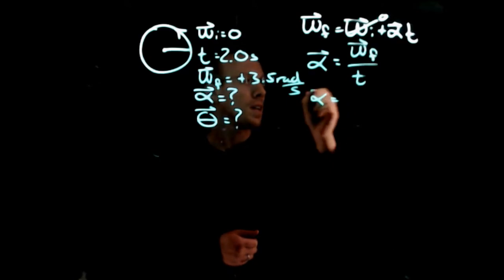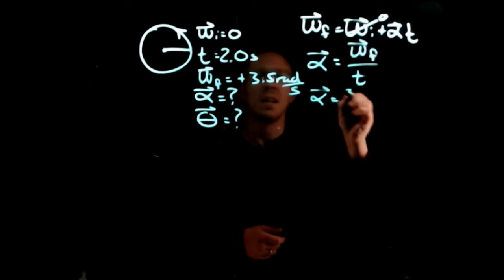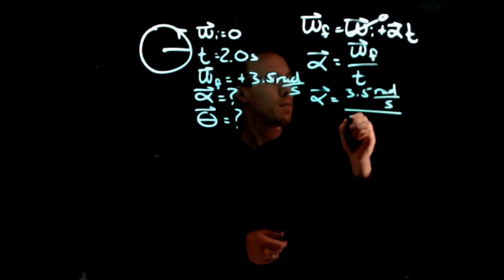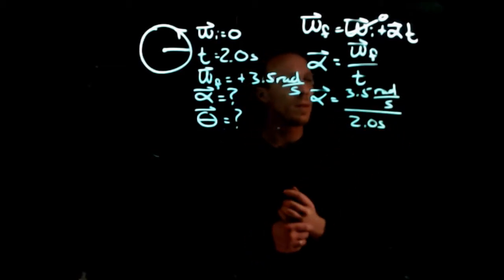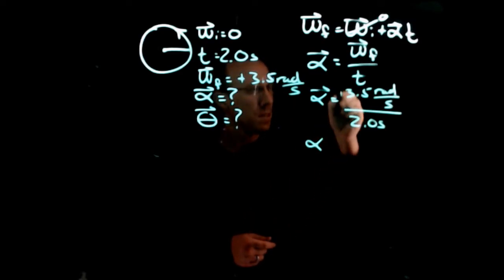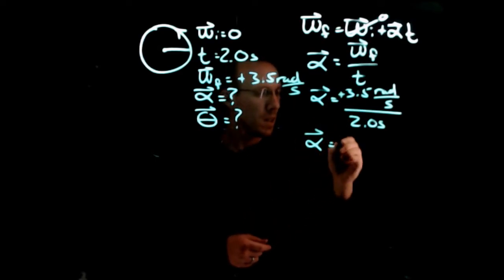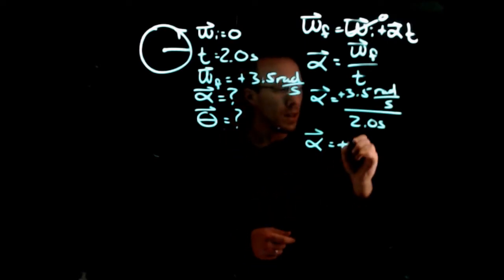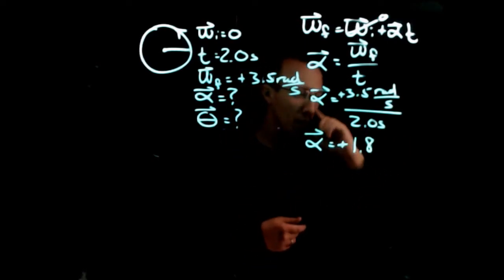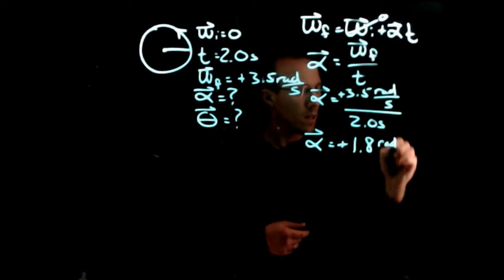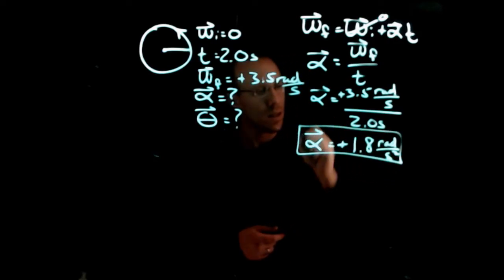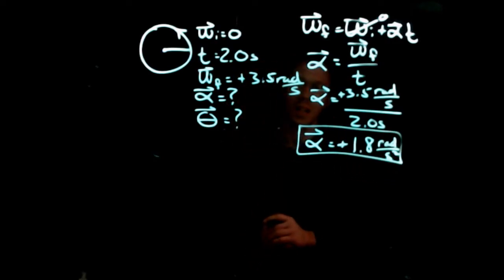If we put our numbers in, that would be 3.5 radians per second divided by 2.0, so it's a little less than 2. And we have 2 significant figures, so it'd be positive 1.75, 1.8 radians per second squared. Okay, so that's our acceleration.